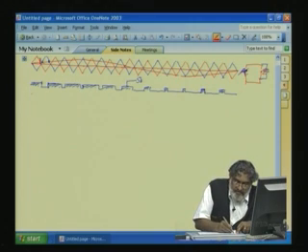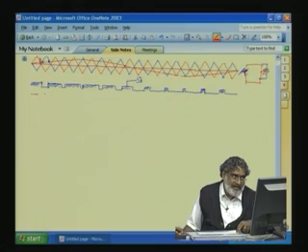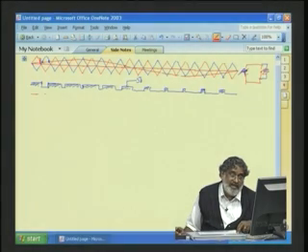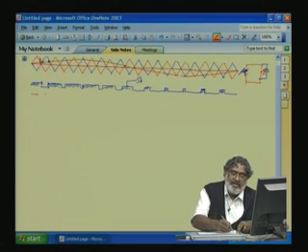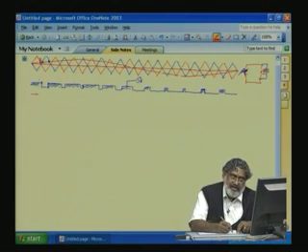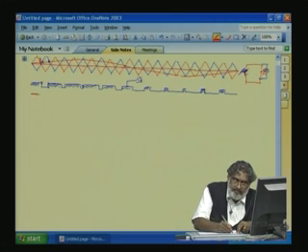Here, when the triangle is greater than the sine wave, the switching sequence is inverted. Whenever the triangle is greater than the sine wave, the top switch is on, and we will have VDC by 2 as the pole voltage waveform.